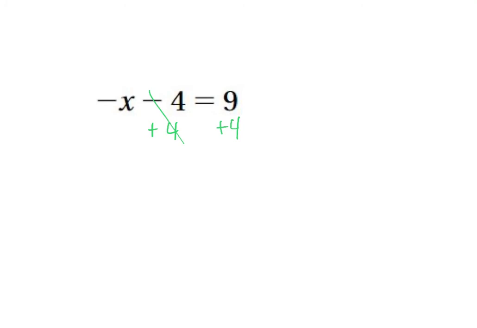Those are going to cancel, and we're going to be left with negative x equals 9 plus 4 gives us 13. So now, remember, this negative x can be written as negative 1 times x equals 13, and then we can divide by negative 1, which will give us x equals negative 13.